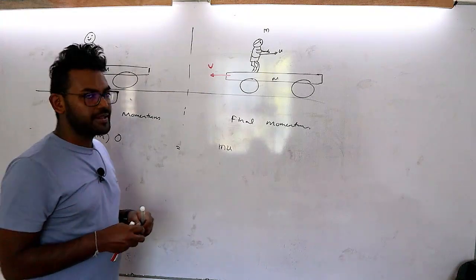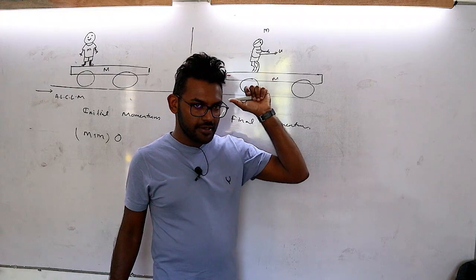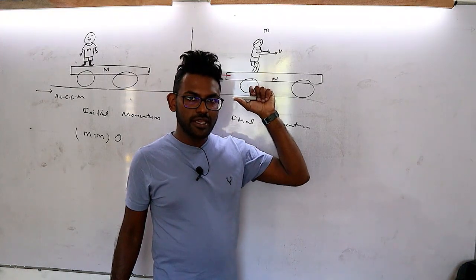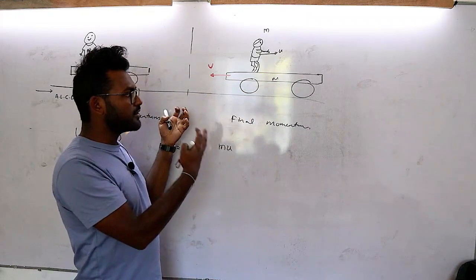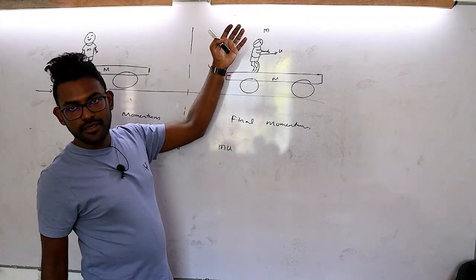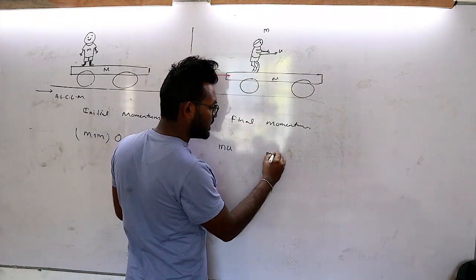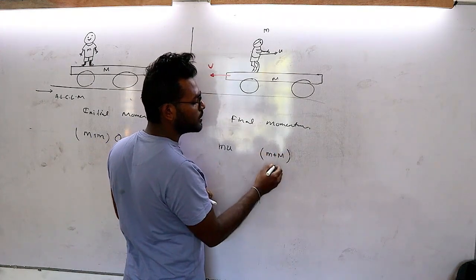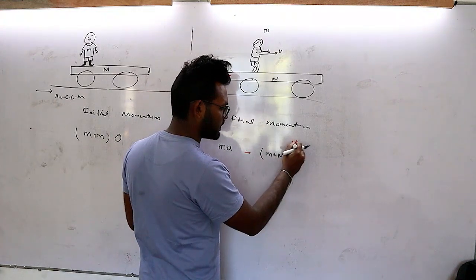This is the important thing. The trolley should move backwards. Just the trolley or the trolley with the child? Yes, when the trolley moves backward, there's the child on it. So the trolley with the child, that means m plus capital M should move backwards with the V. This is the important thing.